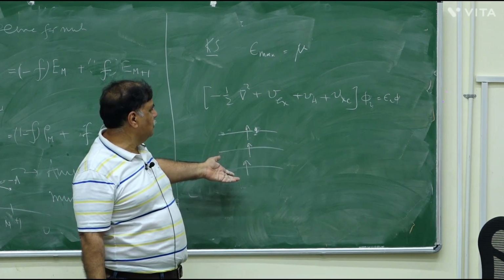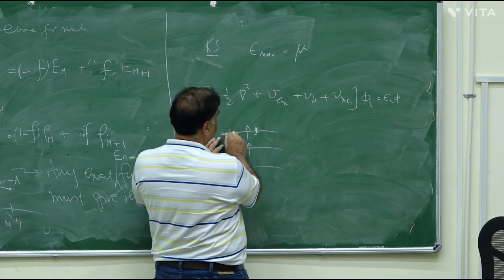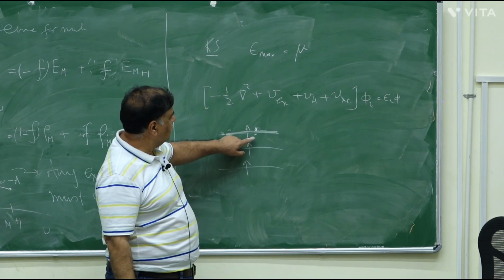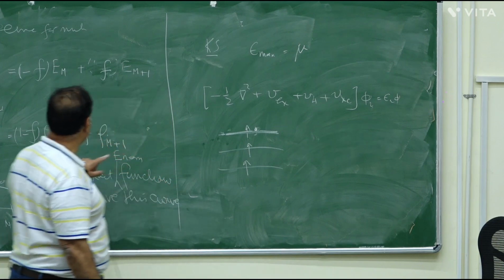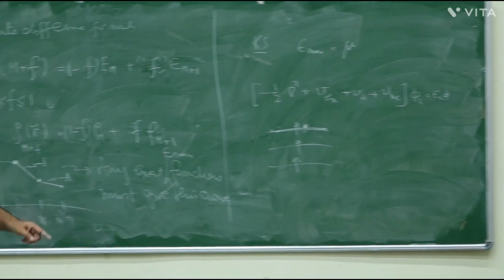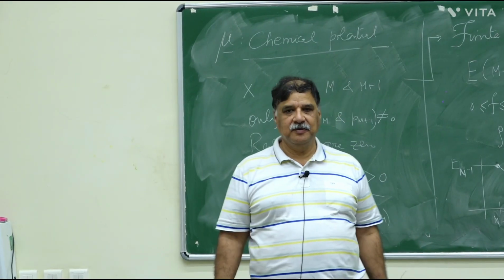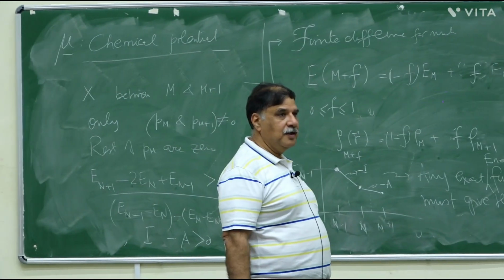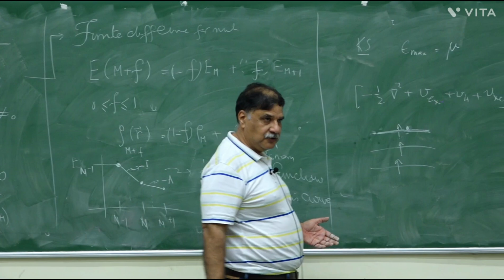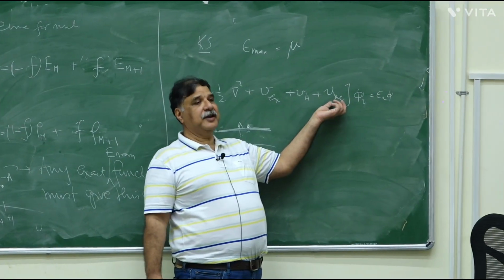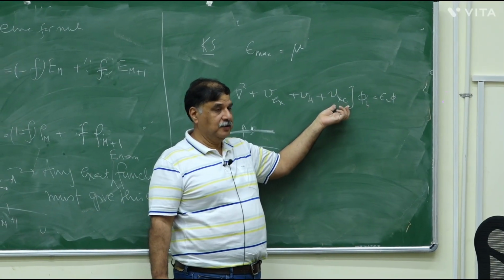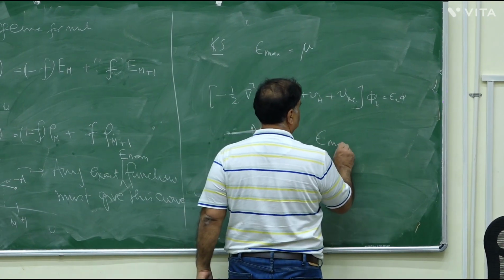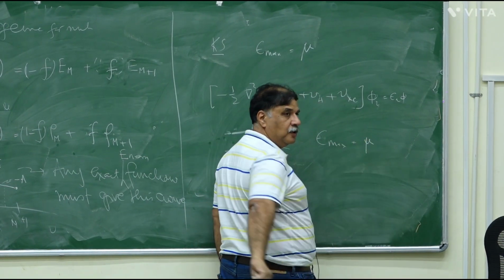If I do that calculation, then as long as the number of electrons is in that fraction, epsilon max should remain a constant if you have an exact functional derivative. If I'm doing a Kohn-Sham calculation, and suppose I had the exact exchange correlation, then epsilon max is mu.